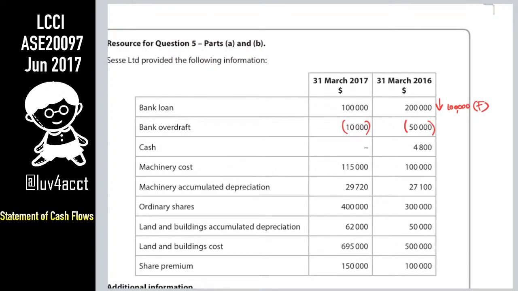So originally we have negative 45200. Now we have 10,000 negative. There is an increase of 35200.